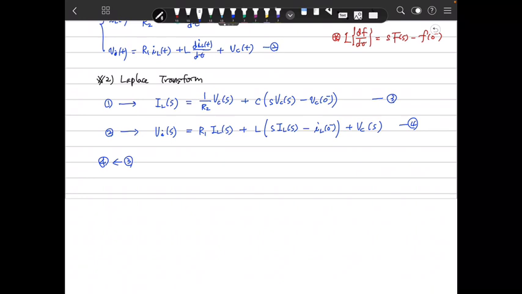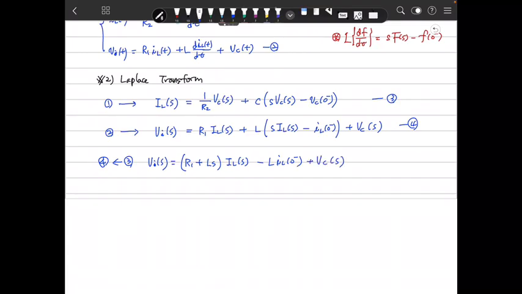Here, VIS will be R1 plus LS, this is ILS minus LIL plus VCS.